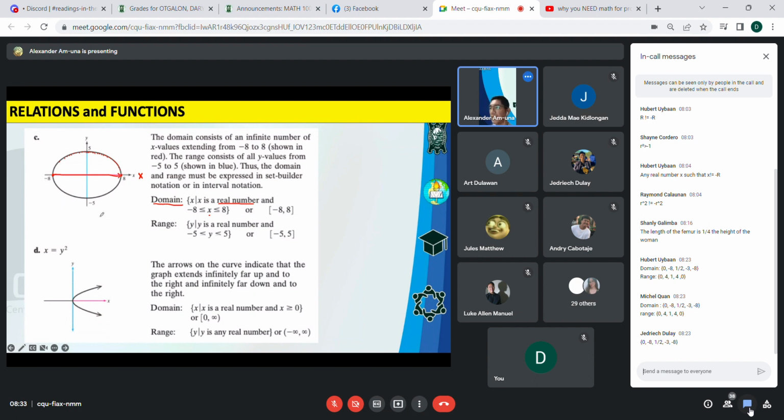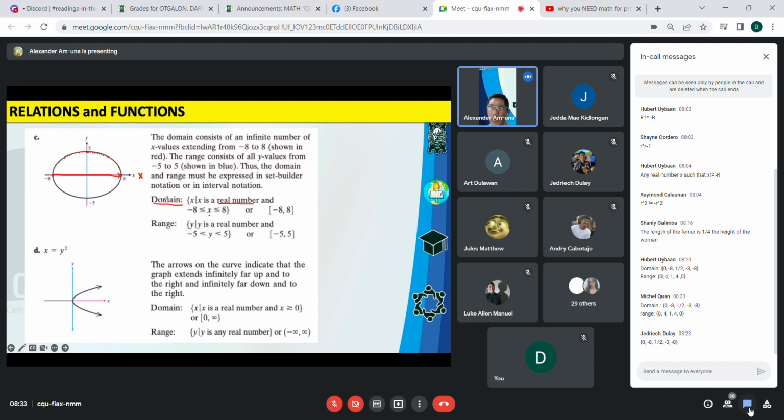Okay. Make sense? Okay. So lahat ng values mula dito sa -8 hanggang +8. Okay, that will be our domain.